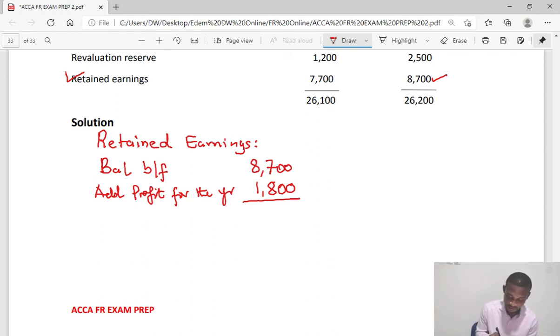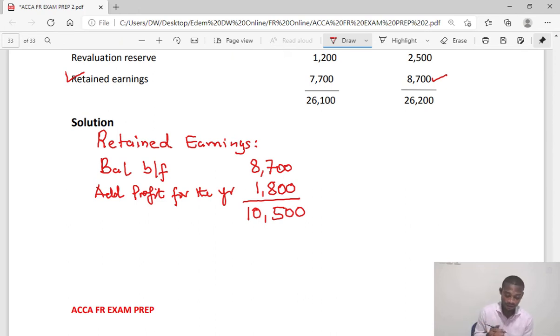That gives me 10,500. So it means that the total profit available for distribution to the shareholders is 10.5 million.